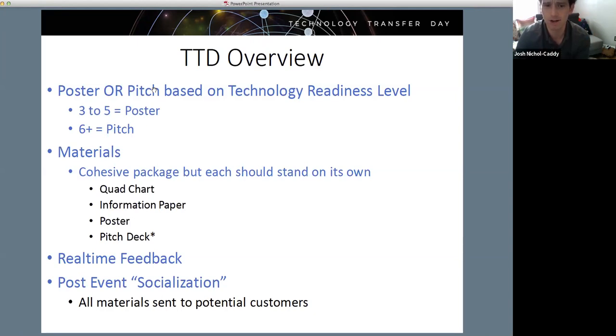So again, if I characterized them correctly last week, the quad chart is more for your top level officer person. And then someone that, at like an 8th grade level, says, oh, that's really interesting, I think that whatever innovation this person is working on could really fit within my unit. Whereas the information paper digs down deeper.